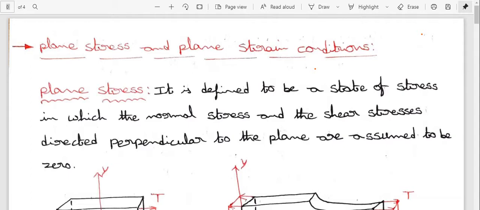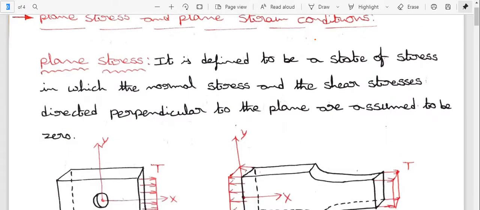Plane stress is defined to be a state of stress in which the normal stress and the shear stresses directed perpendicular to the plane are assumed to be 0.